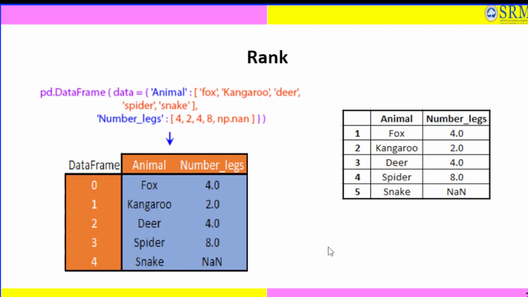It is going to rank according to the number of legs. Ranking is applied based on the values. So here we have 4, 2, 4, 8 and not a number.